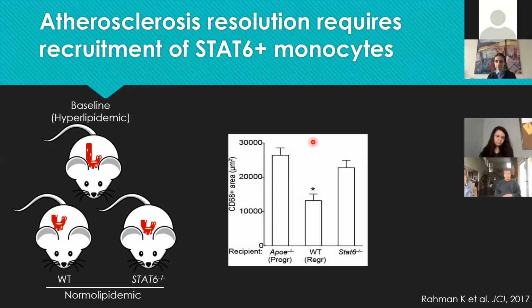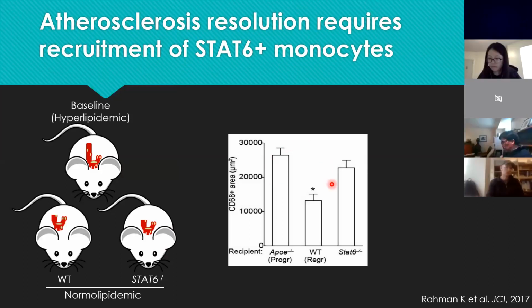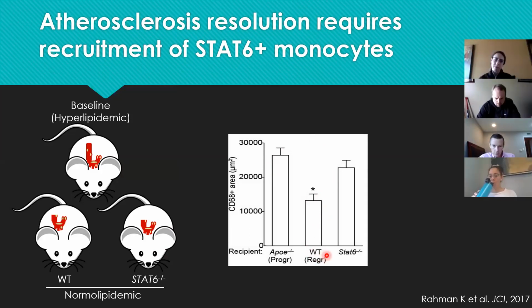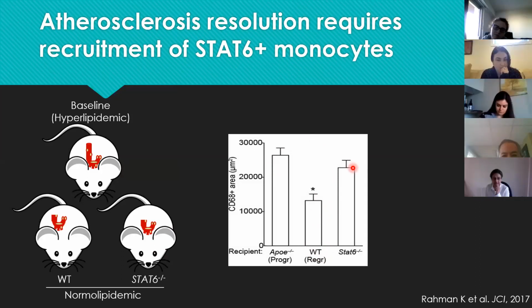And our data shows that there's resolution of atherosclerosis, so fewer macrophages in the plaques from the wild type recipients, but this is impaired in the STAT6 recipients.